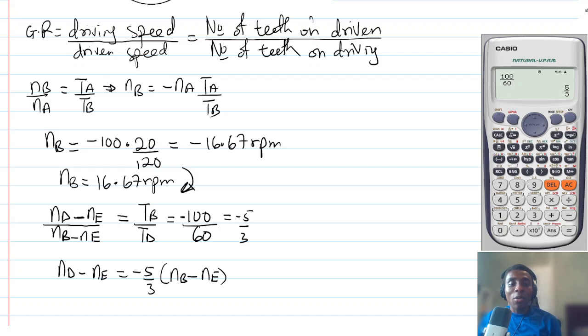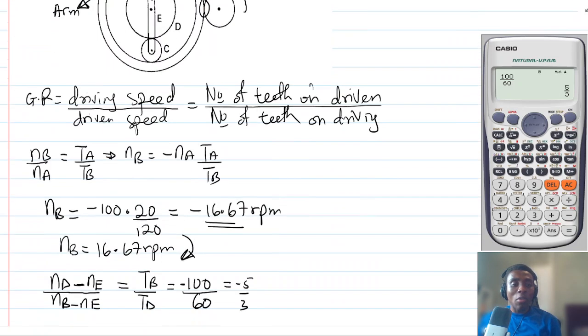Because we have the values which we need. Let's put the values inside. We have our value for NB, which we got to be minus 16.67.